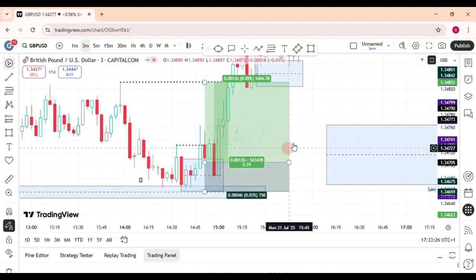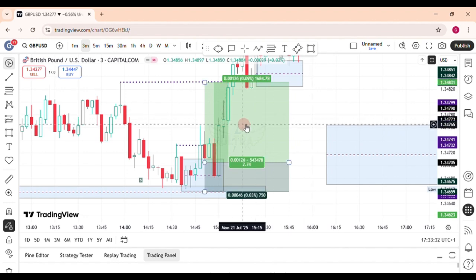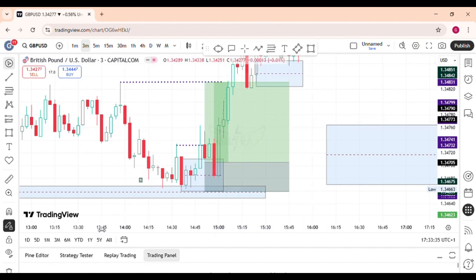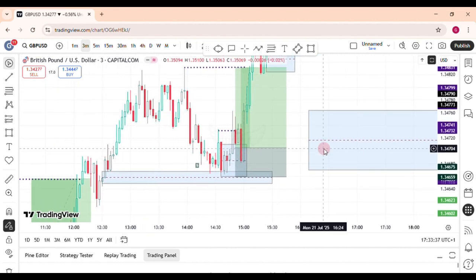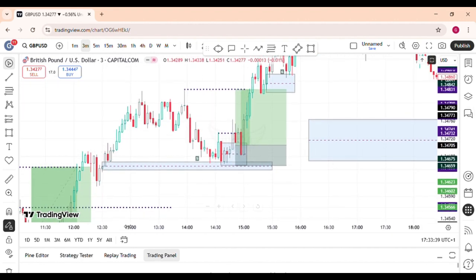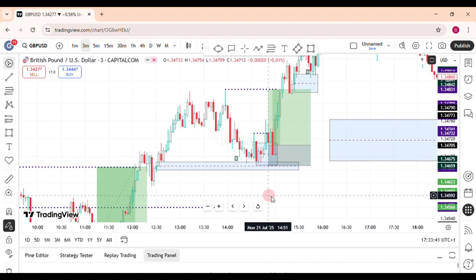So all the same, this is a 2.74 risk to reward ratio for our trade number 5. As you can see, we have had 5 bullish trades for last week already, and this is just Monday.